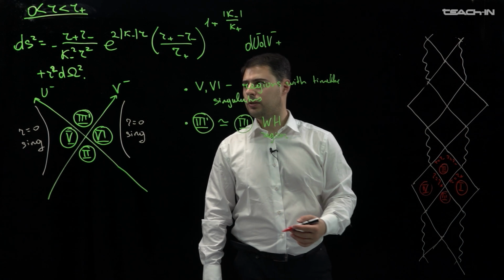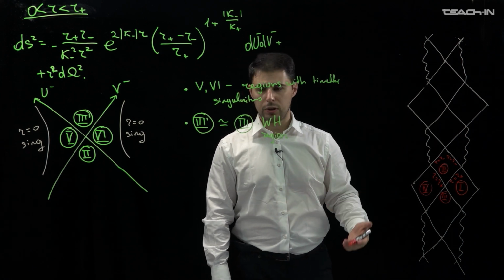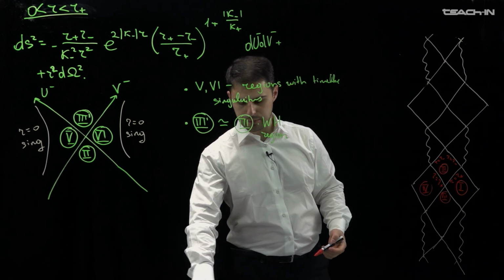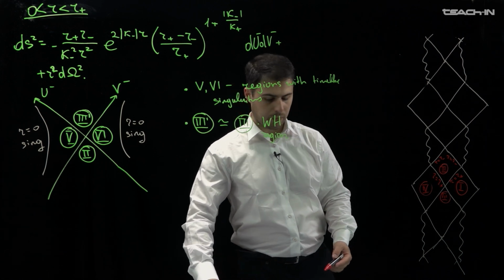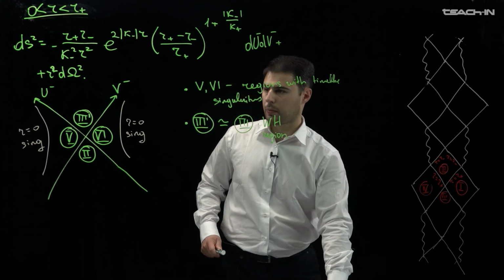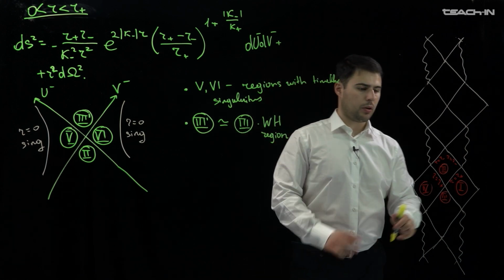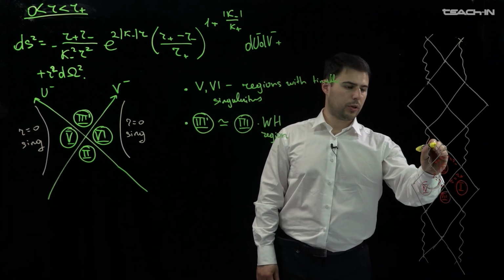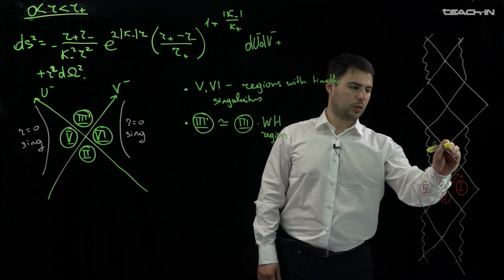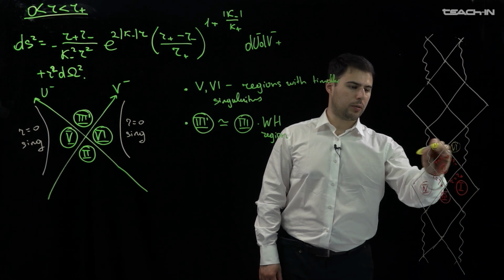Now, let us see what happens with the interior Kruskal-like chart. Here, we have the region 2, and we have two regions that contain time-like singularities.